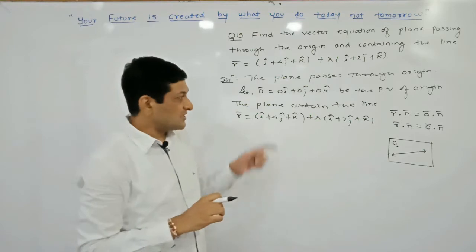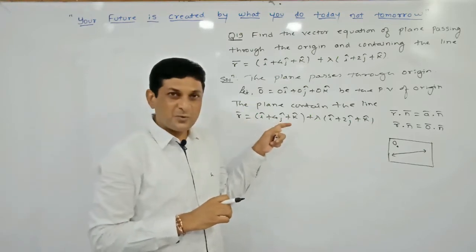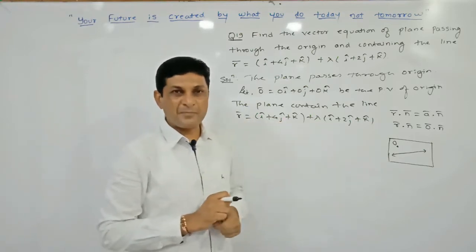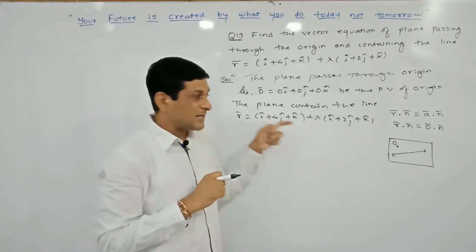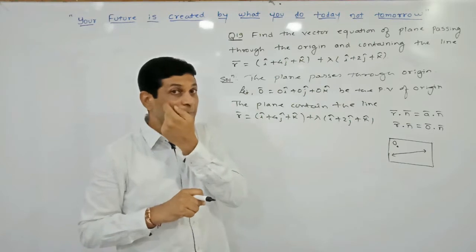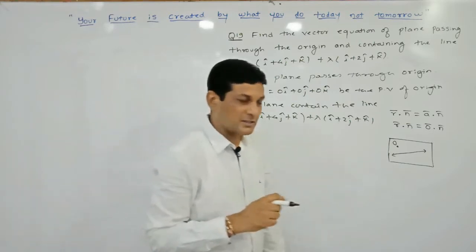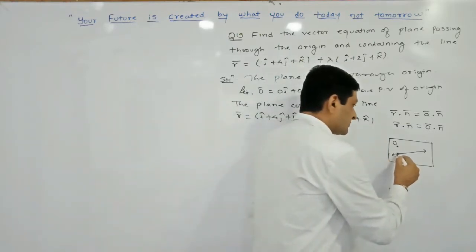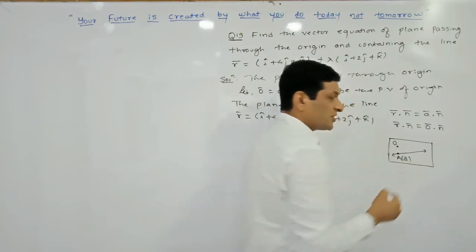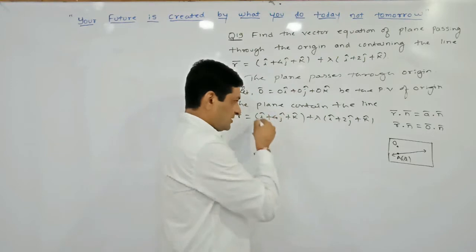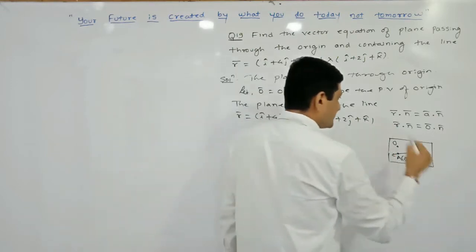See, this equation is in the form r bar is equal to a bar plus lambda b bar. This a bar is nothing but the position vector of one point on the line, and b bar is nothing but a vector parallel to the line, or a vector along the line. So one point on the line is A. Let us denote its position vector by a bar. So this is the value of a bar and this is the value of b bar.